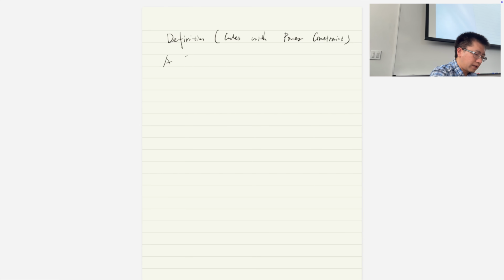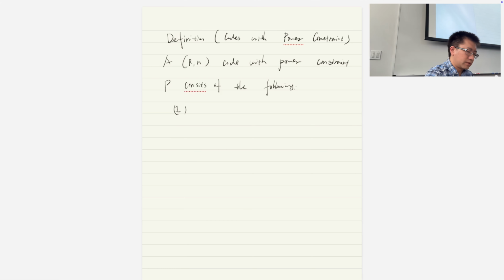We say an Rn code with power constraint P consists of the following. Number one, we need to define the index.